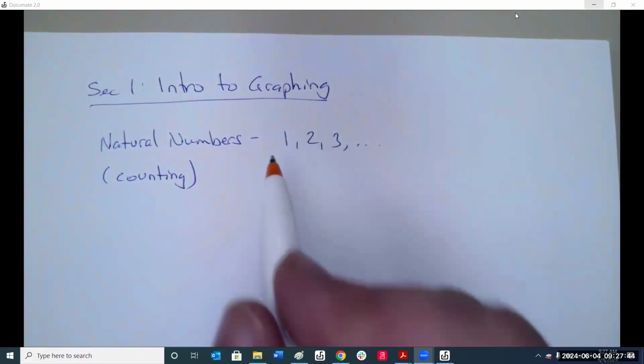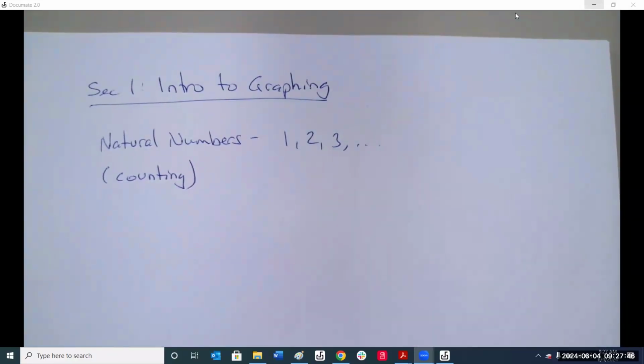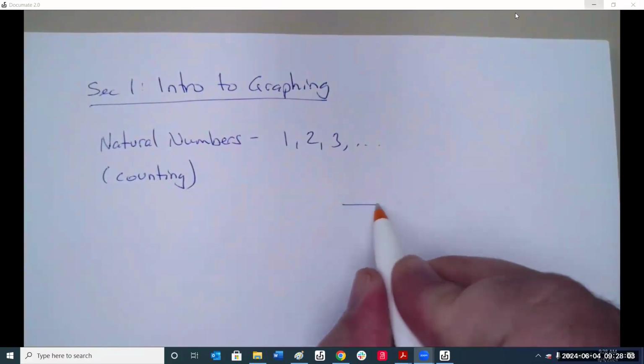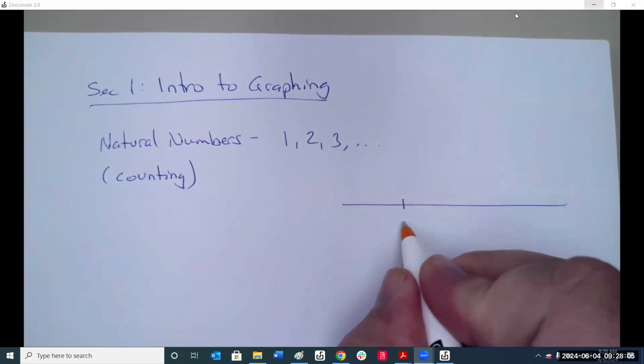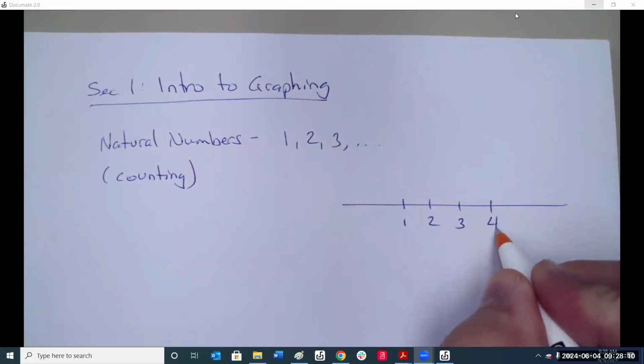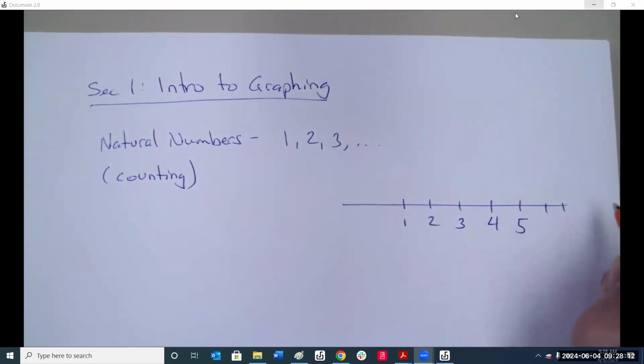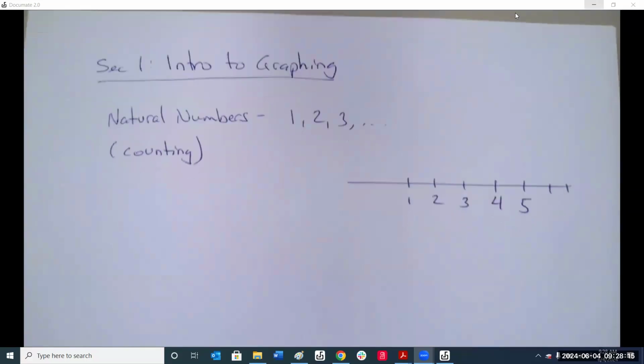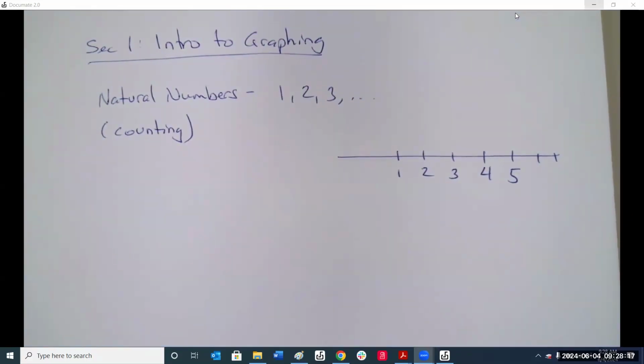Okay, so in elementary school, you first were taught those numbers. How were they represented to you? How do you display those numbers? Very good. And so on and so forth. The number line.